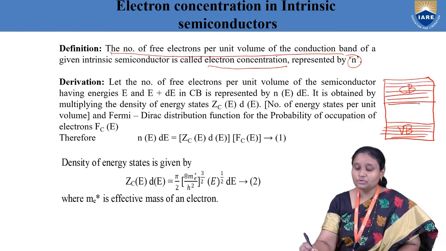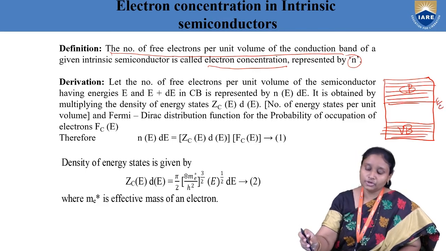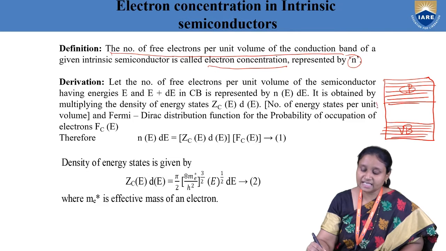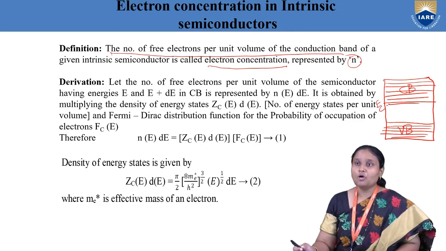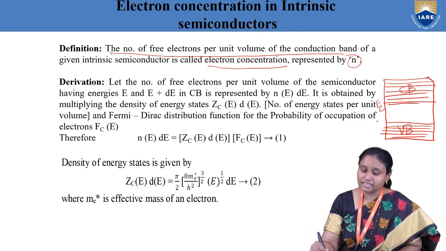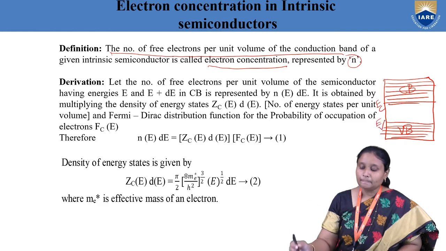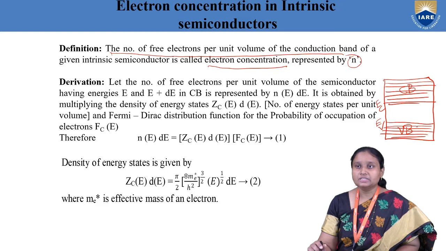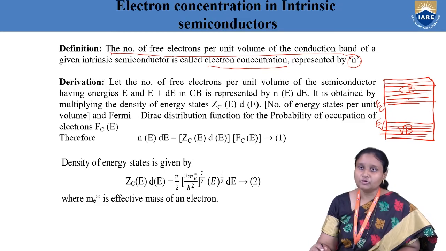And here what we are going to do, here we'll take the bottommost energy level of conduction band. Bottommost energy level of conduction band we will take as EC, whereas topmost of valence band we will take as EV. Okay, and you will observe that whether it is valence band or conduction band, they consist of so many energy levels or energy states.